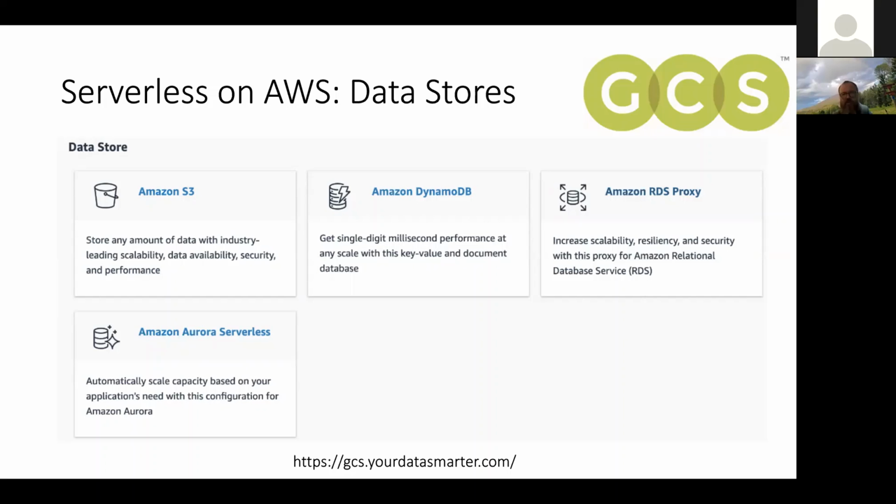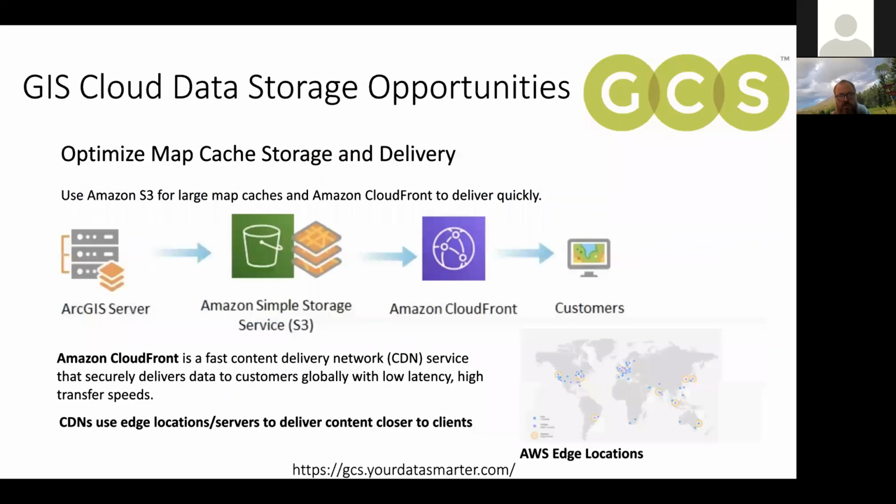Amazon DynamoDB, RDS, and Amazon Aurora are all different types of data stores that are serverless in AWS where you can have geodatabases or other types of GIS data.